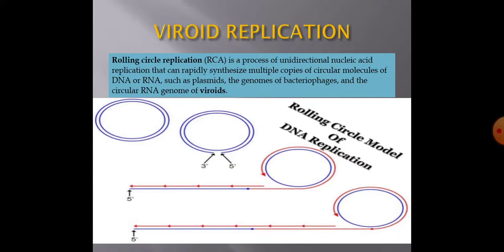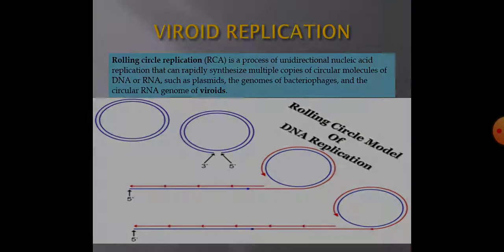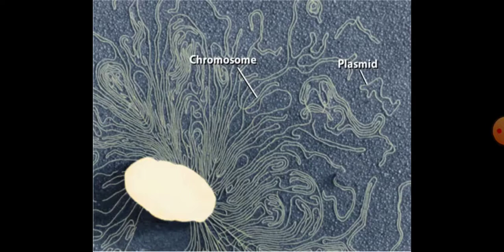The detailed discussion of replication would be done in the second year. But just to give you an idea how replication in a rolling circle way takes place, you are shown a video that would probably be of some help for your understanding.